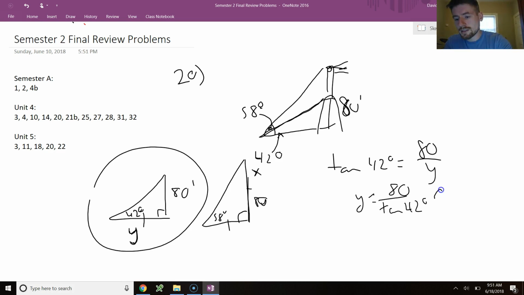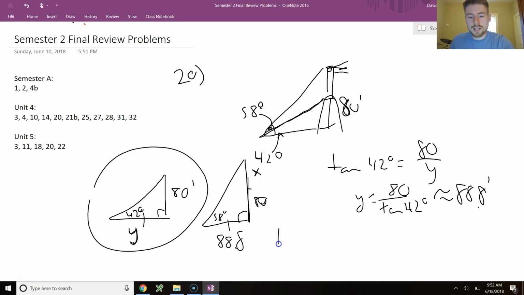And we can calculate this. Let me get my calculator. 80 divided by tan of 42. We get about 88.8 feet. And then we'll plug that into the other triangle and use that to find what x plus 80 is.